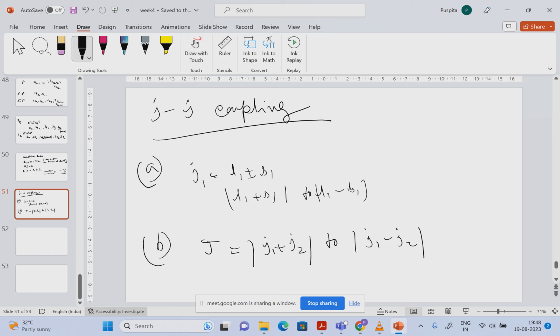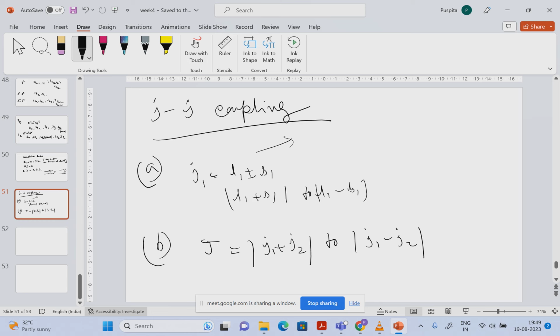For LS coupling, first the spins couple, the spin correlation was strong, then orbits were correlated, then spin and orbit. But for JJ coupling, as I have mentioned earlier, first we add l1 plus s1.